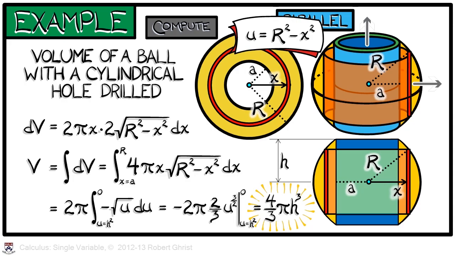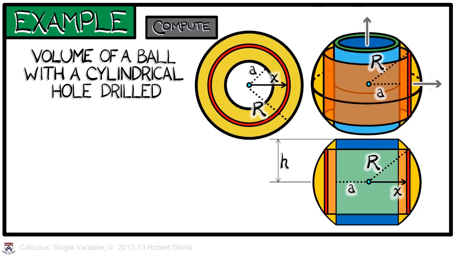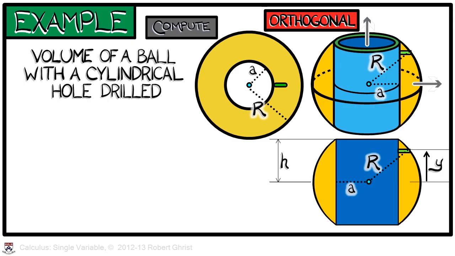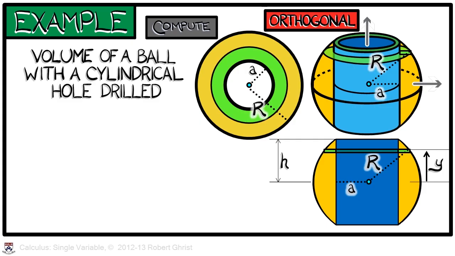4/3 pi h cubed. We can also compute this volume by choosing a volume element that is orthogonal to the axis of revolution. In this case, those slices at some constant y are annular regions. And to compute the volume element, we need to determine the outer radius and the inner radius of these annuli as a function of y.